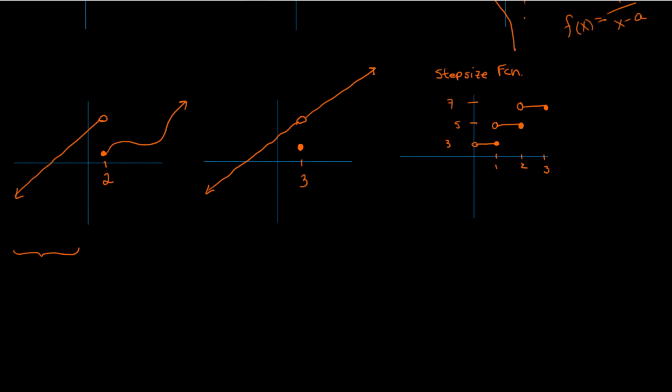Stepwise function, called this because it looks like a series of steps. On any one set of x values, for example, this set of x values here, it's continuous. But then there is a point of discontinuity at 1. Moving further along, you'll see there's a point of discontinuity at 2.